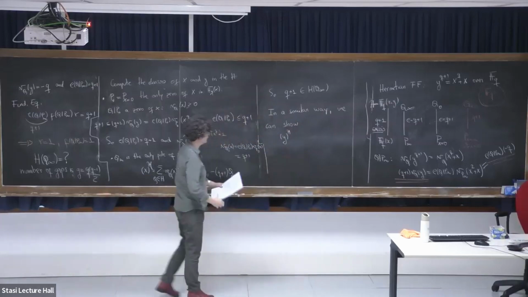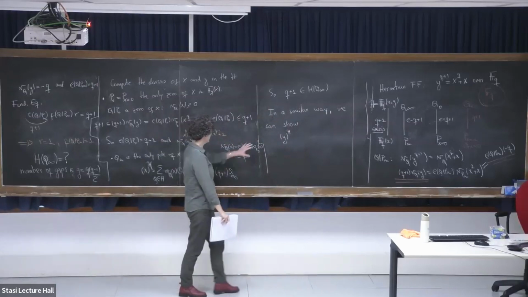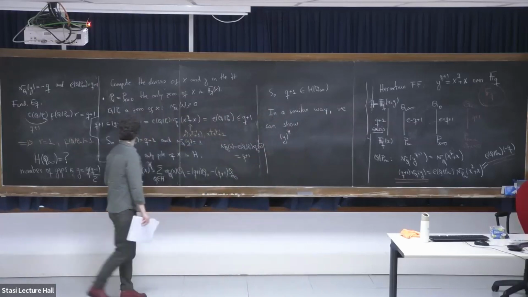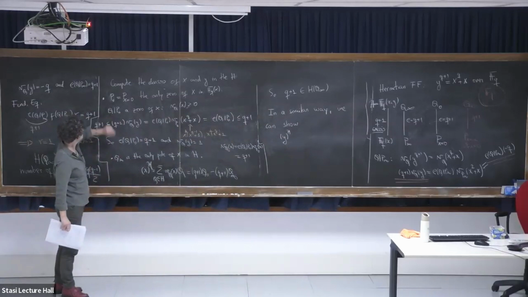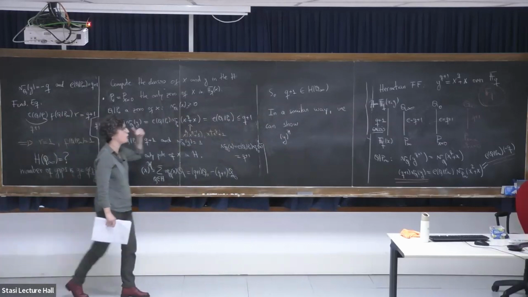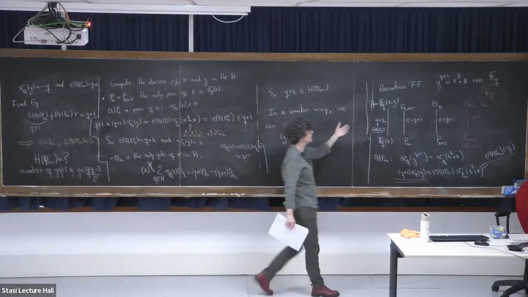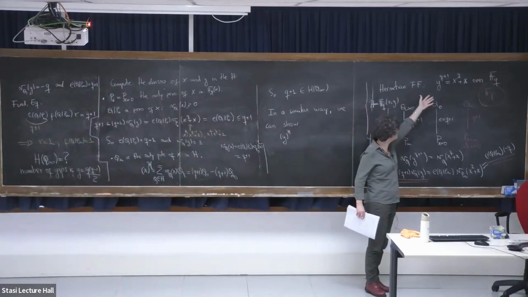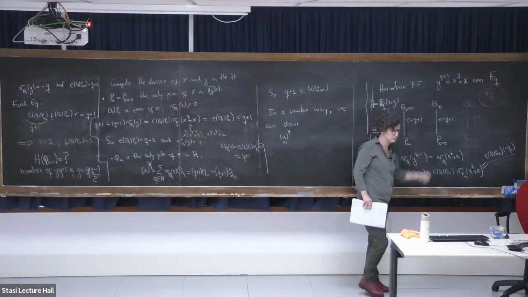How do you compute the divisor of y? Exactly like we did here. Take a place in the Hermitian function field, suppose it's a zero of y, and then use the equation of the curve to see what happens.